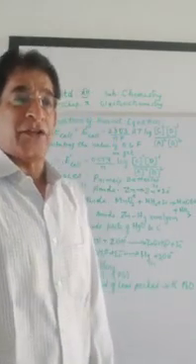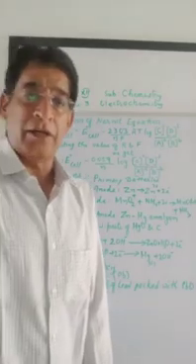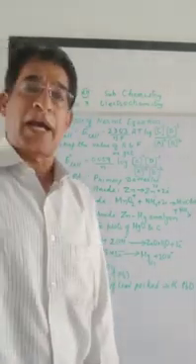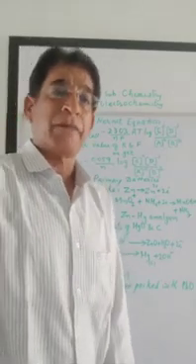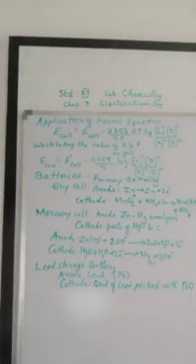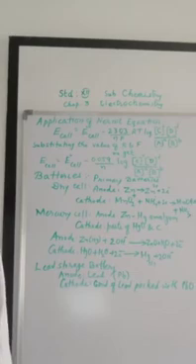A fuel cell is used in space vehicles, and in this cell the two gases are supplied from external storages. In this cell, carbon rods are used as electrodes with KOH as the electrolyte.